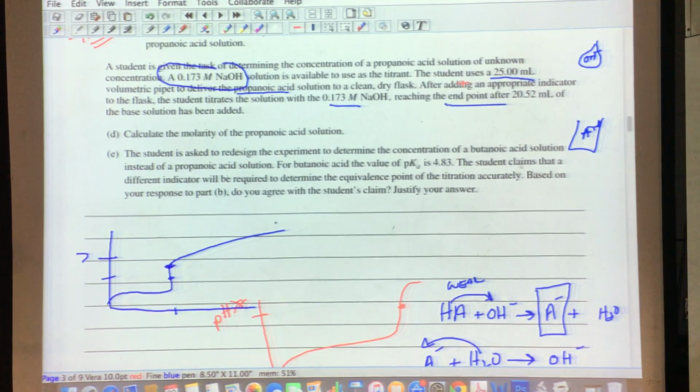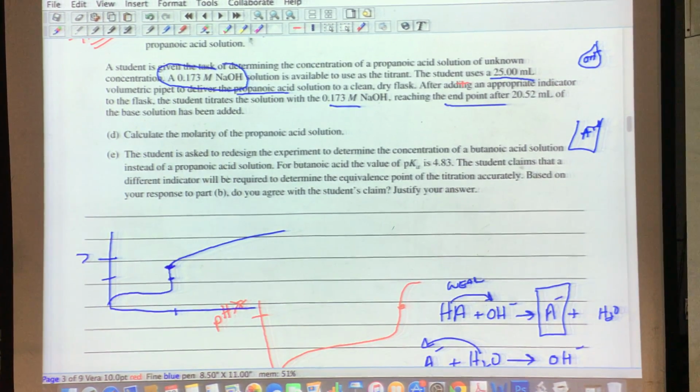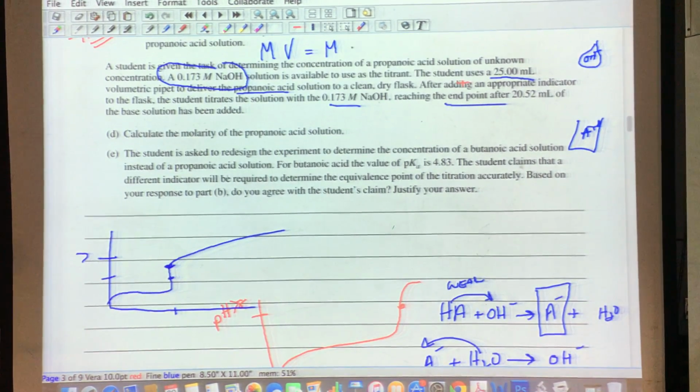Okay, so what they're saying to you is, I know how much base was added. Now, calculate the concentration of the acid. I know I don't like doing this, but could you do MV equals MV here? You could, but here's how I would go about it.